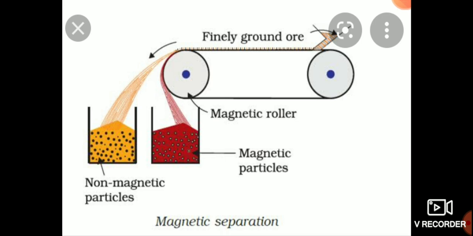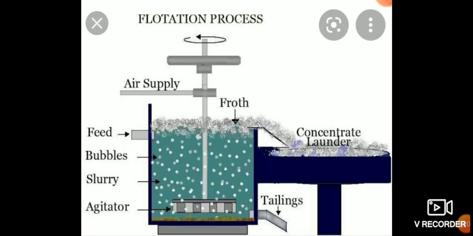Then the next method is the froth flotation method. Most probably this froth flotation method is applicable for sulfide ore. The sulfide ore is made into a fine powder and collected in a container. It consists of water.